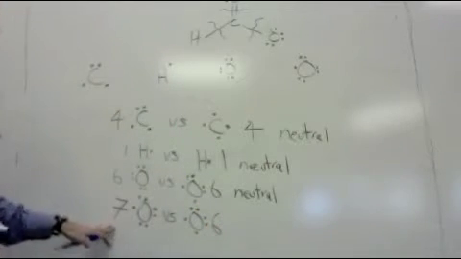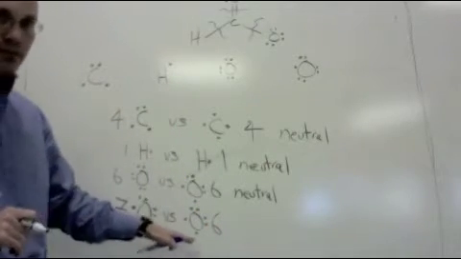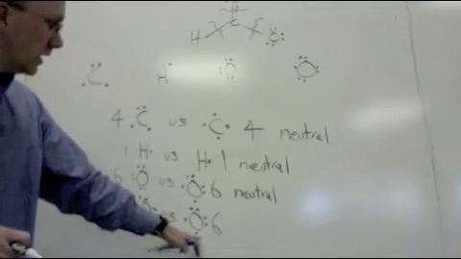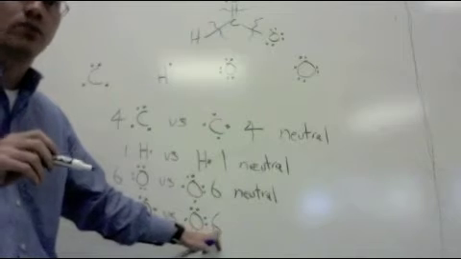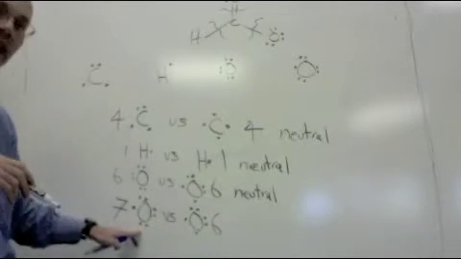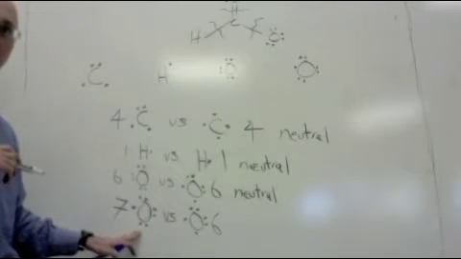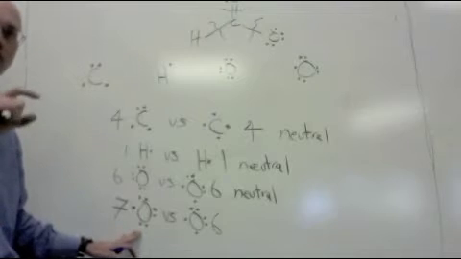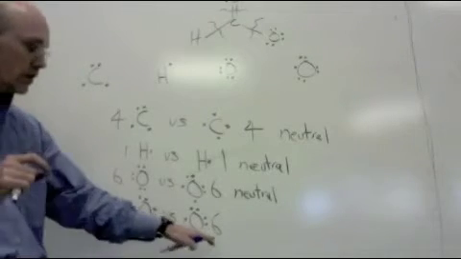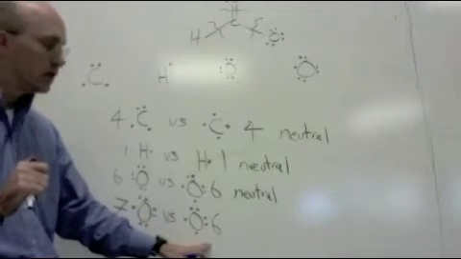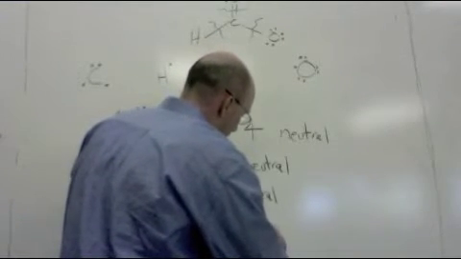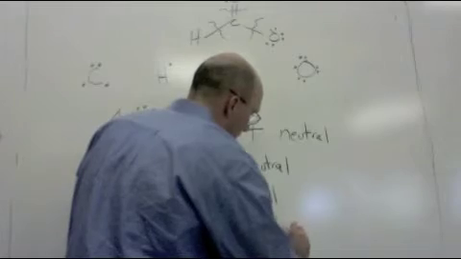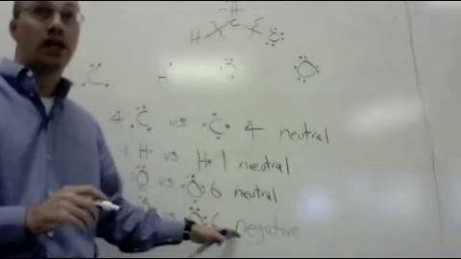All right? And so here's the logic. If oxygen needs 6 dots around it, or 6 electrons around it in order to be neutral, what if it had an extra electron? If it had an extra negative charge compared to what it needed to be neutral, that would make him negative. Okay, specifically he would be -1.